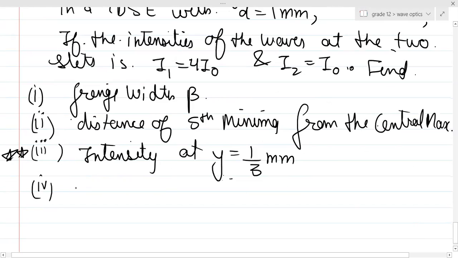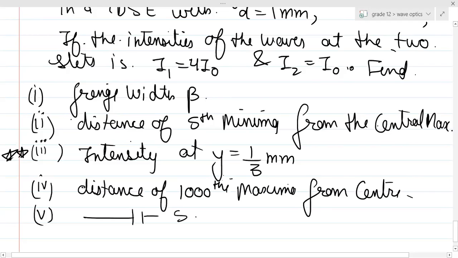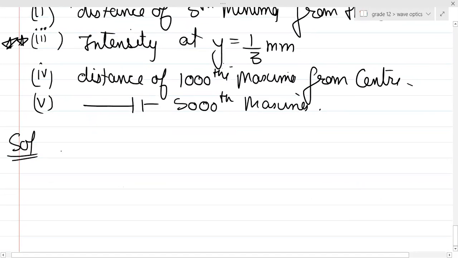You need to find out the distance of the thousandth maxima from center, and last is the distance of the 5000th maxima. Although please remember, the last part I will do myself.